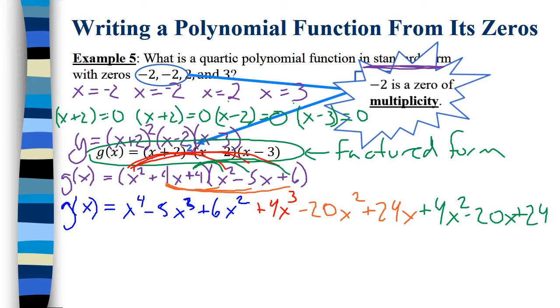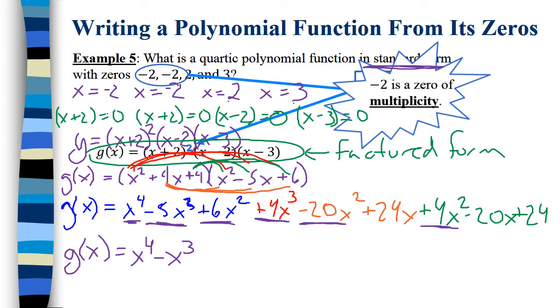Okay, so we combine like terms. So we have 1x to the 4th. So g of x equals x to the 4th. And then we have negative 5x cubed plus 4x cubed is negative x cubed. And we don't have any other x cubed terms, so this is minus x cubed. And then 6x squared minus 20x squared is negative 14x squared.